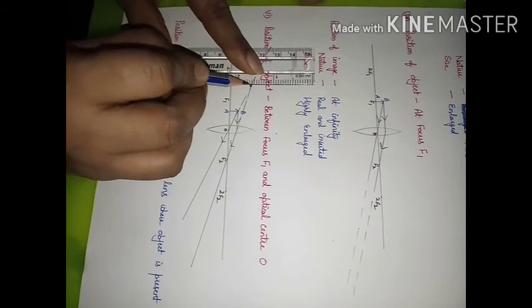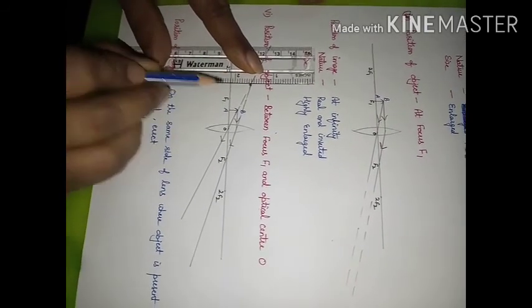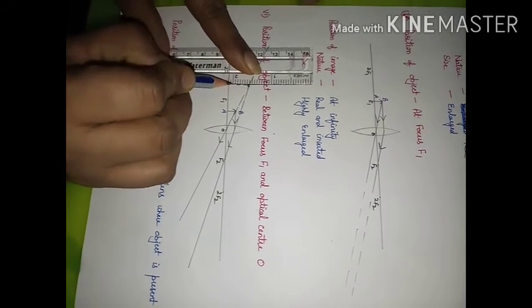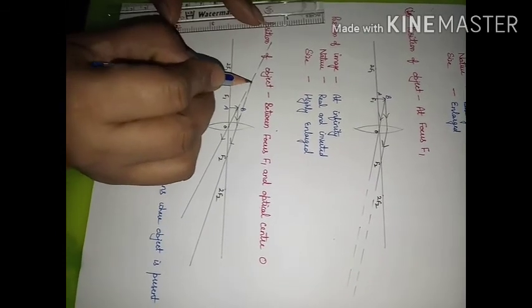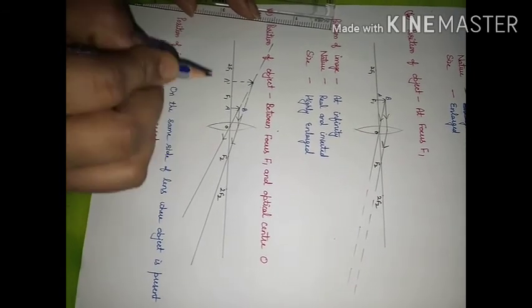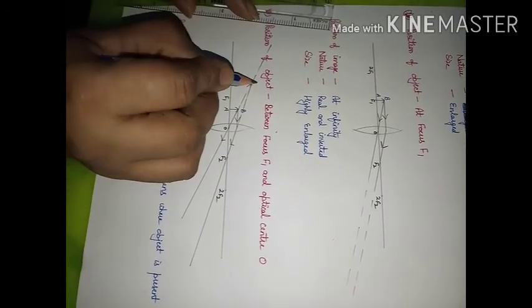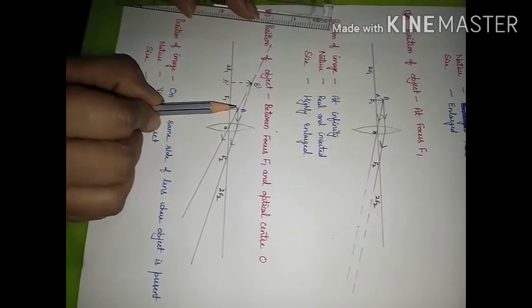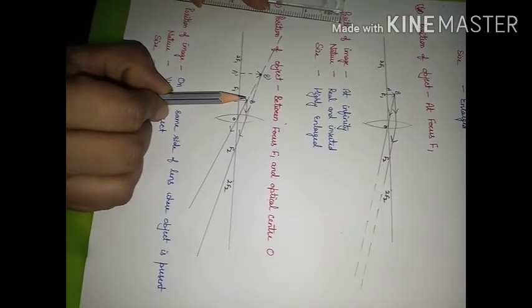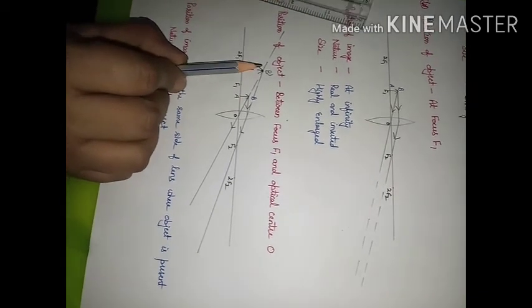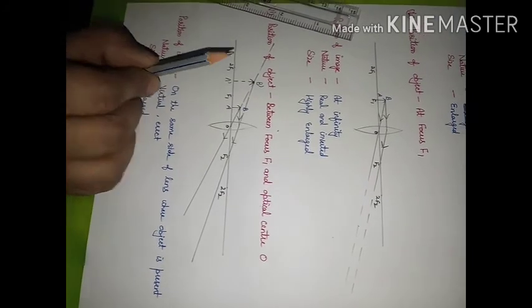So your image formation will not be real because actual intersection of rays is not taking place. So at this point you will draw a dotted line like this. The object is AB, the image will be A dash, B dash, and if you keep a pencil like this, then an erect and virtual image will be there, and an enlarged image you will be able to see at this point.